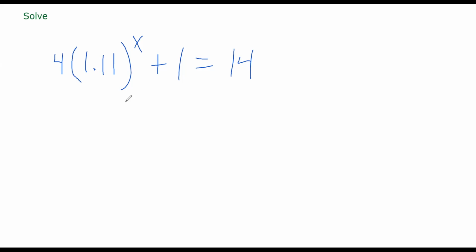Well, usually the protocol is going to involve you getting the statement with x kind of by itself as much as possible. So the first thing I'm going to do here, I'm going to subtract this 1 from both sides, leaving me with this.